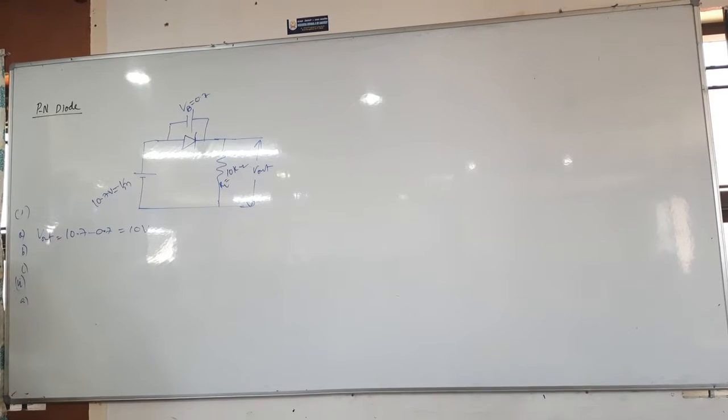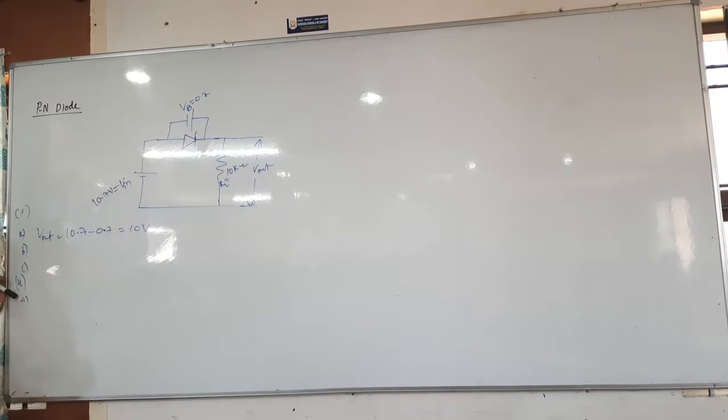Then the second question I asked: the current flowing in the diode. Before that you have to find the resistance of the diode. Forward resistance, I did not ask that yet. Third question is forward resistance. So you have to find the current I. To find I, you can either find the forward resistance first, otherwise find the current directly.